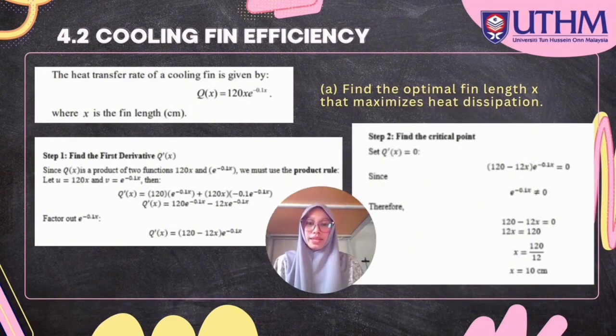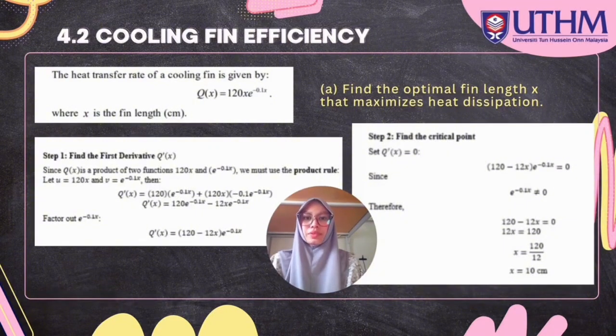After simplifying, we factor out the common term e to the power of negative 0.1x, and we get q prime of x equals (120 minus 12x) times e to the power of negative 0.1x. So, this is our first derivative.